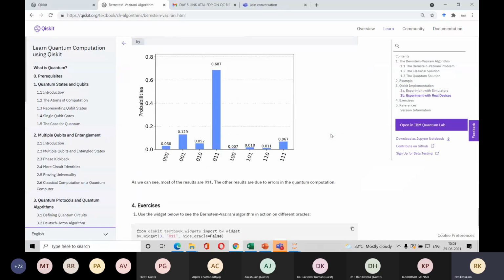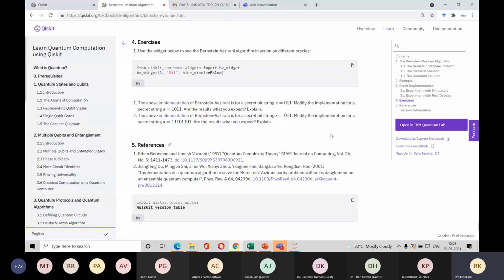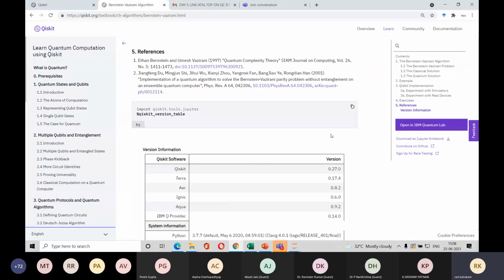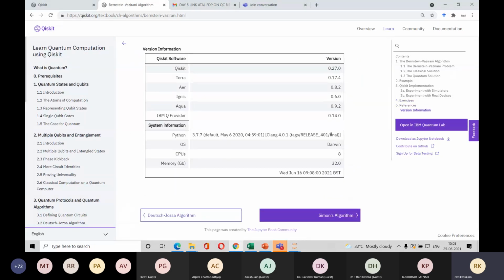So just in the interest of time, I'm just showcasing each algorithm and trying at a high level to explain how it will show the advantage.